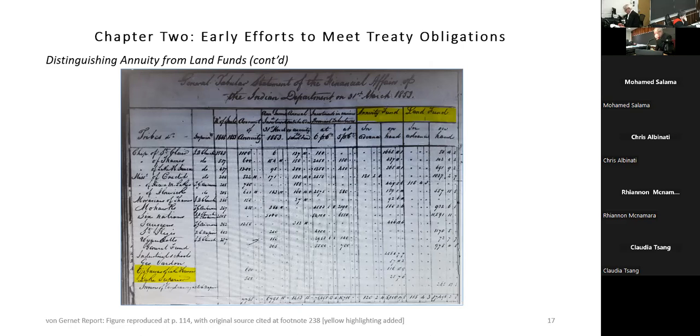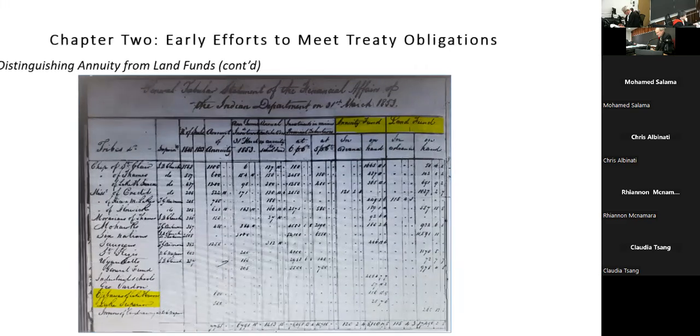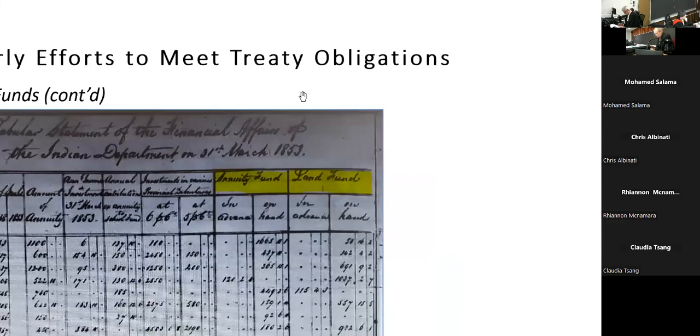As of that time, you had listed on the left-hand side the so-called tribes, who were the First Nations, who had various kinds of accounts that the Crown kept.